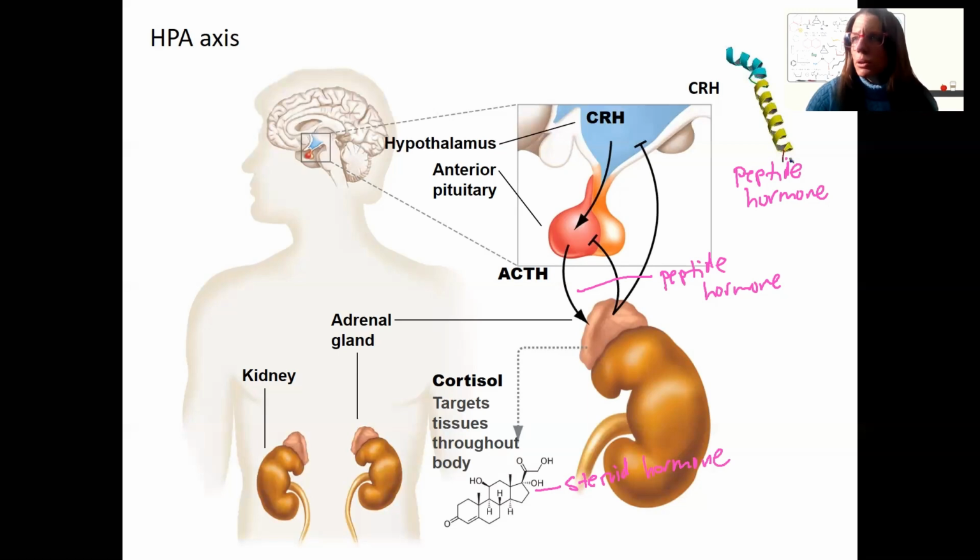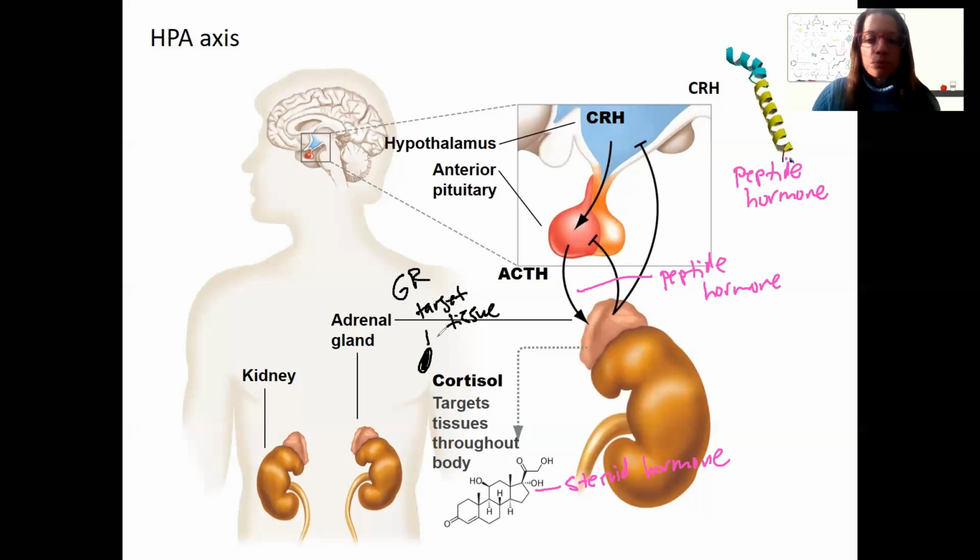So cortisol is going to bind to what's called a receptor on some target tissue, target cell. So maybe the liver, where there's glycogen stored. There are going to be glucocorticoid receptors that bind glucocorticoids, cortisol. This receptor is present in various places throughout the body.